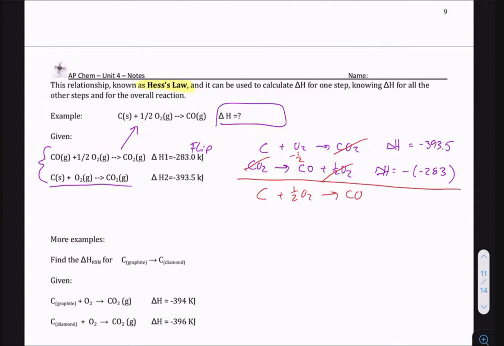We have algebraically formed the third equation, the equation they're asking for. And once we see that this works, now we can simply take the sum of the individual delta H's and add them up. All right, so negative 393.5 minus a negative 283. And that's how we do Hess's Law.